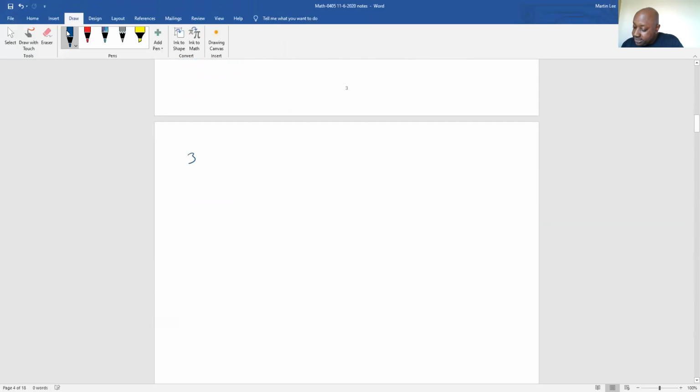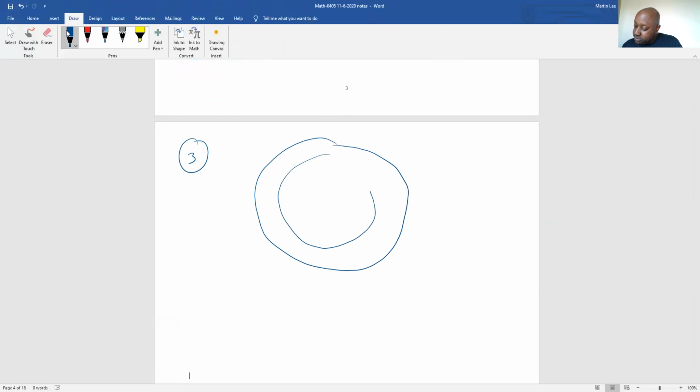You may see something like this, where they give you one big circle, and then they give you another circle in the middle of that one, and they want you to find the area of this shaded part right here that I'm shading in.